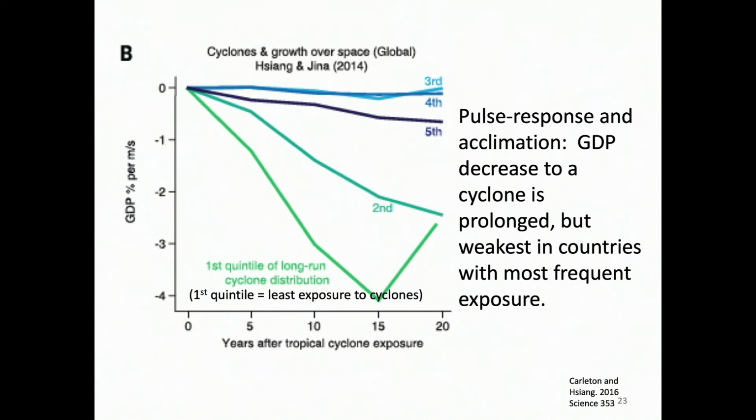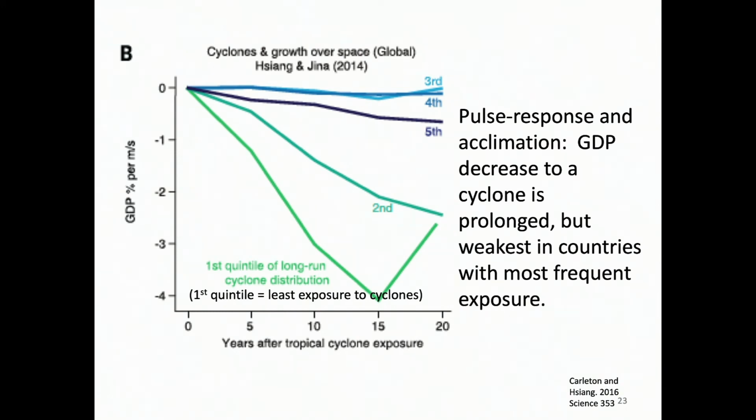All right, so what Solomon Hsiang did here is to compare quintiles, from the places that have the fewest hurricanes, or cyclones. A hurricane in the Pacific is called a cyclone, and so a hurricane is a form of cyclone.